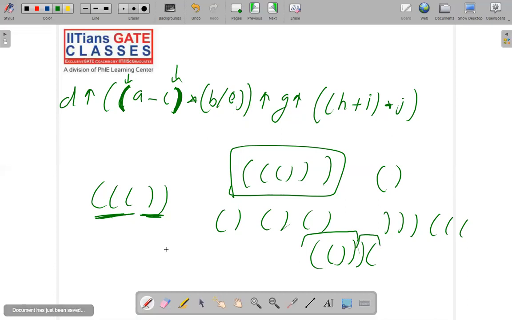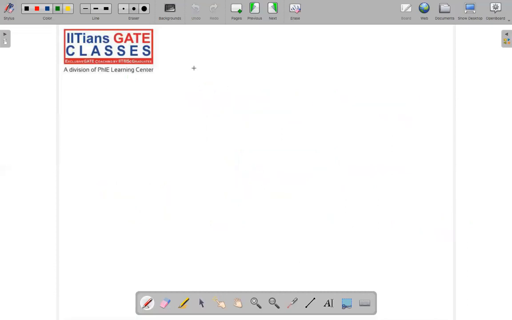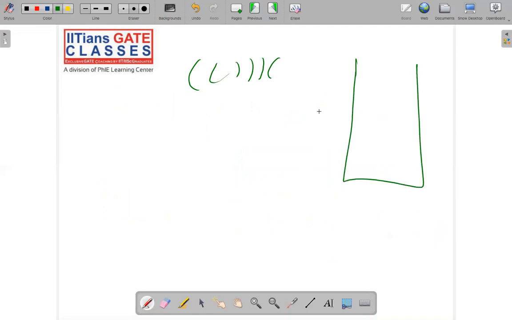Okay, so how can you find out that this thing is not balanced? Use stack. Always push the starting brace, and whenever you find a closing brace, pop only the start brace. So let's start our pointer using red color.